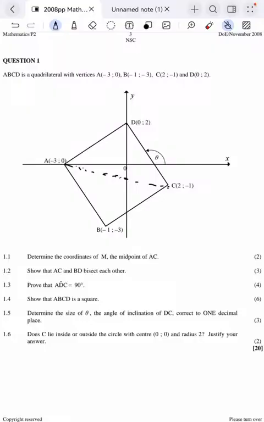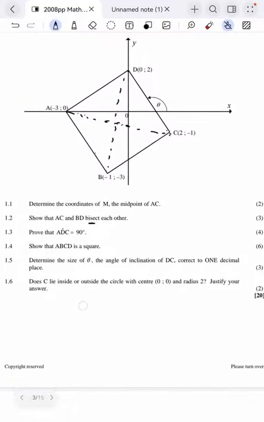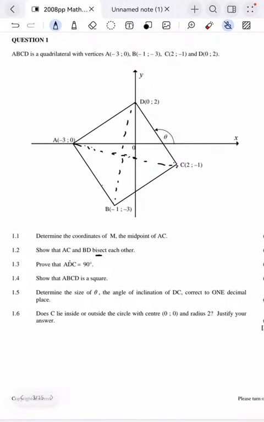Show that AC and BD, which is this line here, bisect each other. The most important part is this part here, bisect each other. Right? Bisect each other means they cut each other at a certain point that makes this part equal to this part and this part equal to this part.